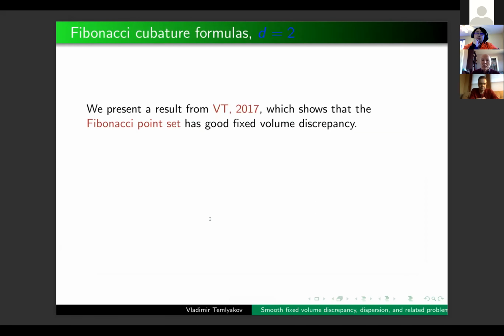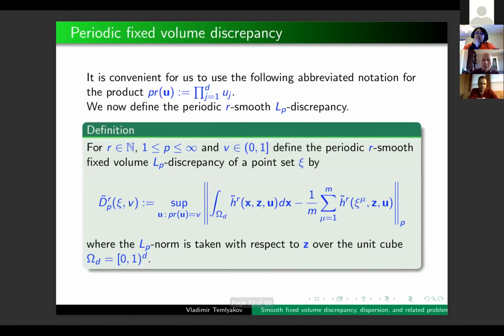Let's see. So what is interesting now, we can ask the following question. For some classical known sets of points, we know the behavior of discrepancy. But the question is, how does this V, the new parameter, affect this dependence?